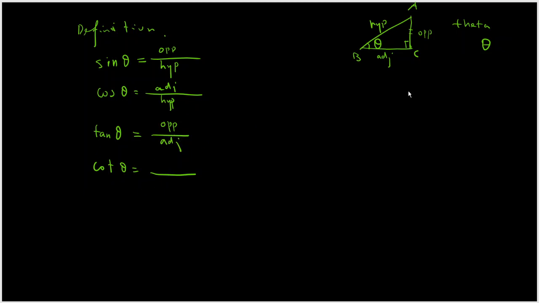You have the definition of cotangent, which means you have adjacent on top over opposite. I will write it both ways. It's actually 1 over tan of theta.